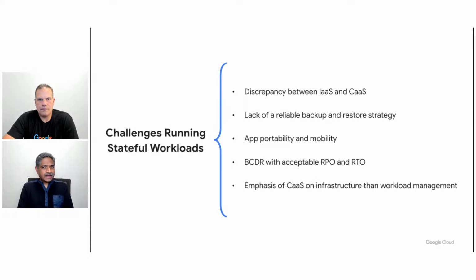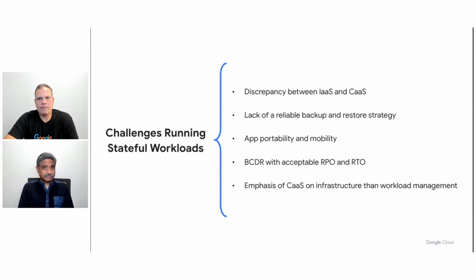Now, when they enter the container as a service world, they lose all those abilities, and there is a steep learning curve transitioning from IaaS, which is predominantly dealing with VMs and block storage, to container as a service, where managed Kubernetes services are being offered, and none of the original capabilities of IaaS are working or they are not available.